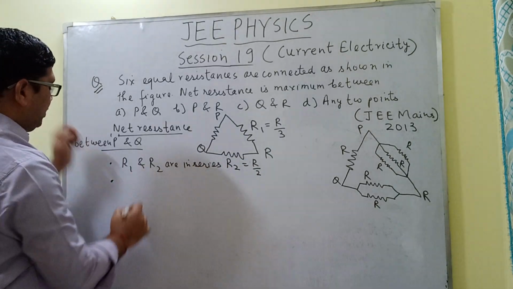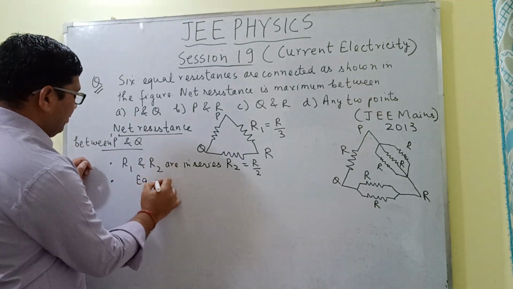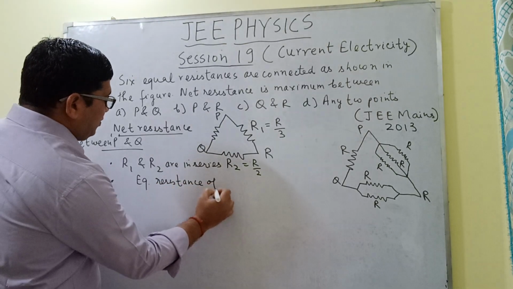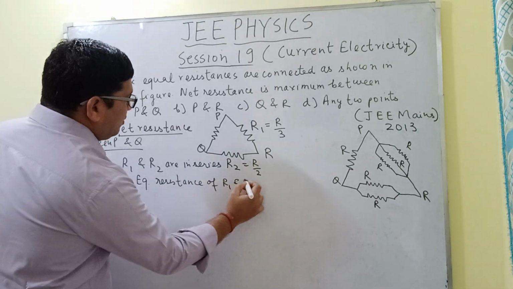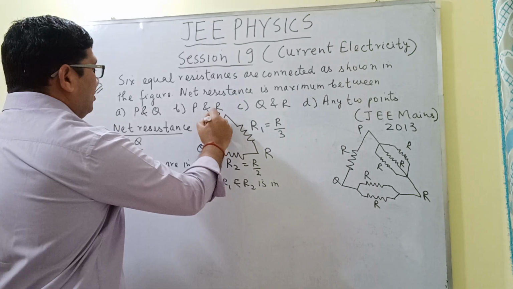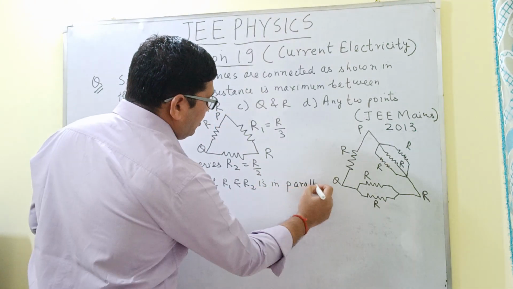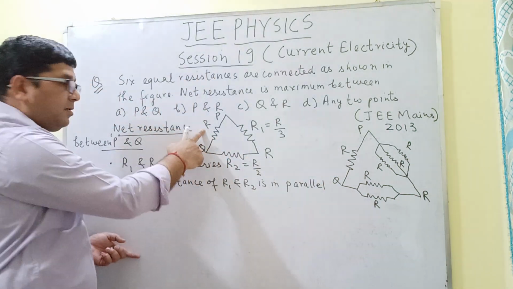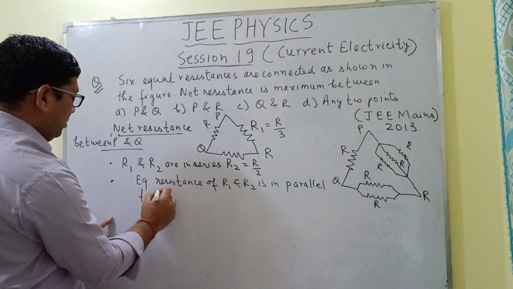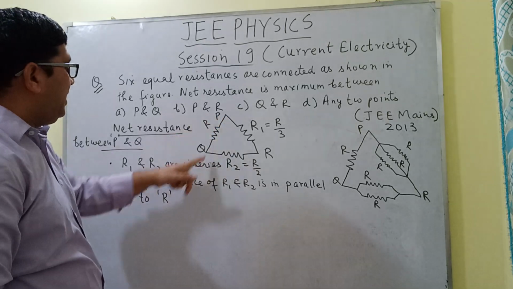Second thing, the equivalent resistance of R1 and R2 is in parallel to this resistor R, which is connected between the point P and Q.